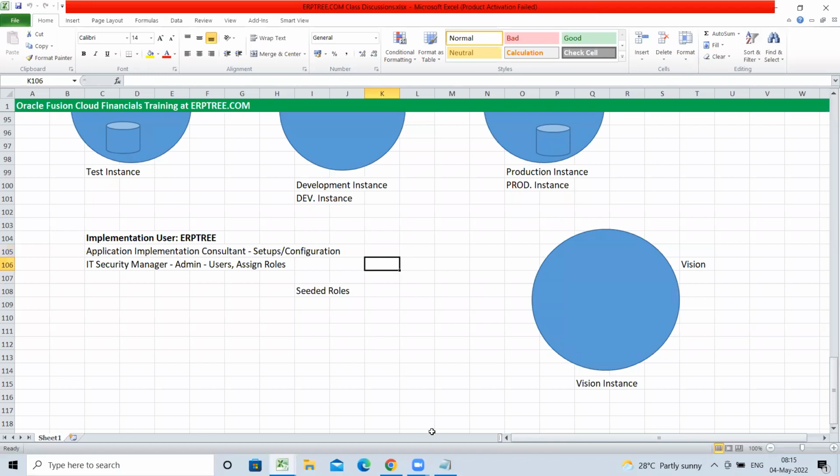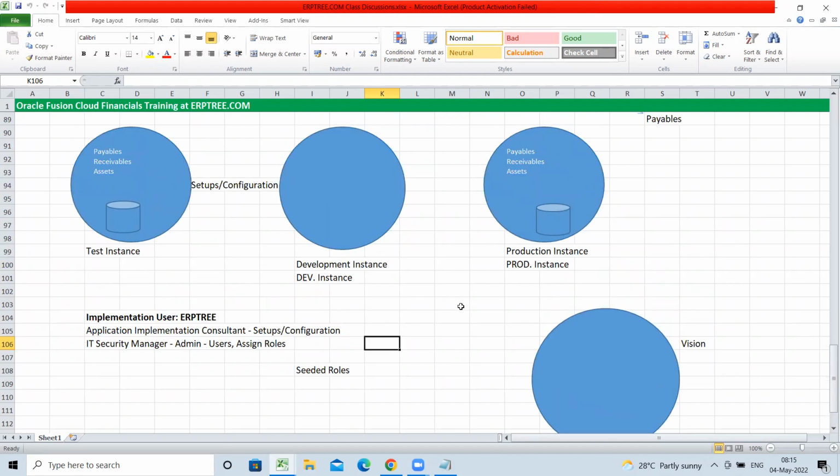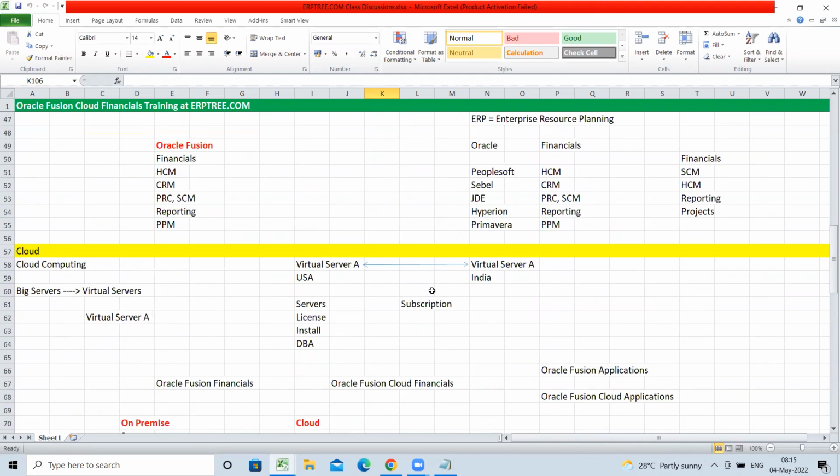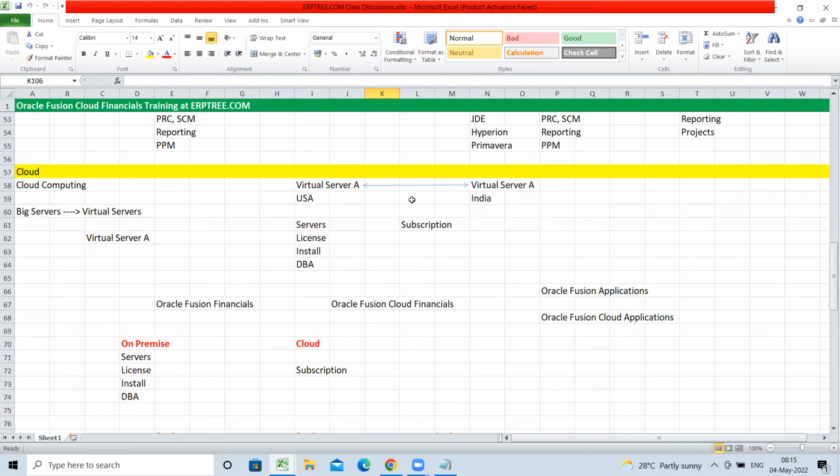Any other questions from anyone, please? Lakshman, the environment access you are providing, is it the Vision instance or a test instance?